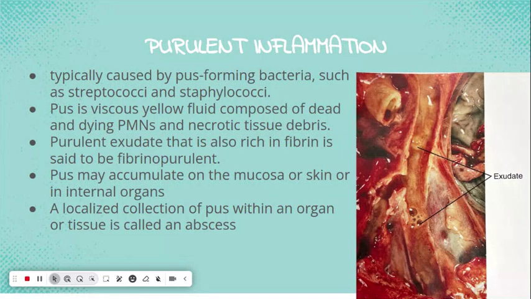We see purulent exudate also being rich in fibrin, called fibropurulent exudate, and then pus may accumulate as well in mucus membranes or skin or in internal organs. You can see here we've got that exudate within the veins close to the heart.